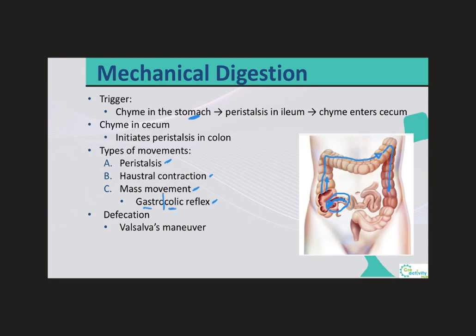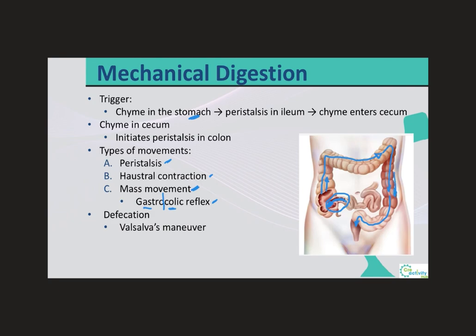Therefore, the contractions force the fecal materials into the rectum and produce a conscious urge to defecate. In other words, distension of the stomach wall and duodenum wall causes the mass movement to occur, starting at the transverse colon.